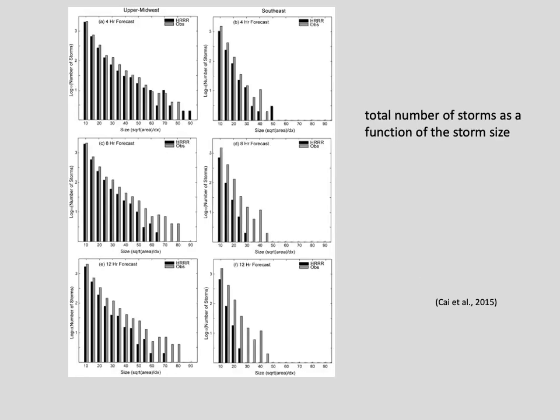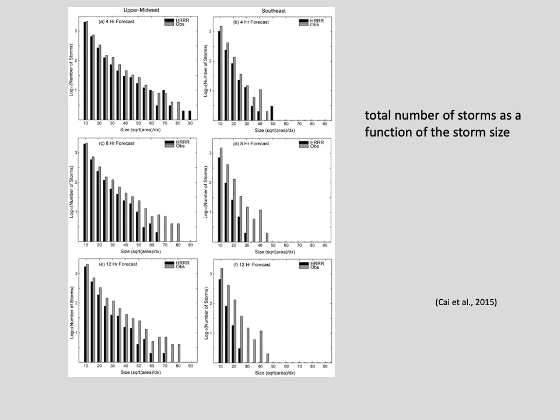This slide displays the total number of storms as a function of the storm size. The left column is for the upper Midwest, the right is for the southeast. Black and gray columns are for simulations and observations respectively. From the top to the bottom are forecasts at different lead time.